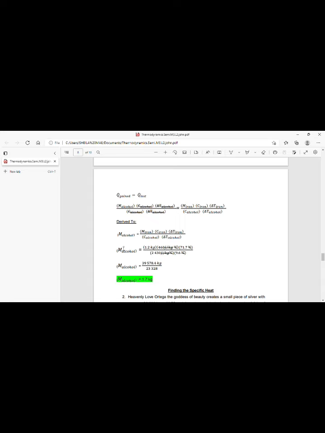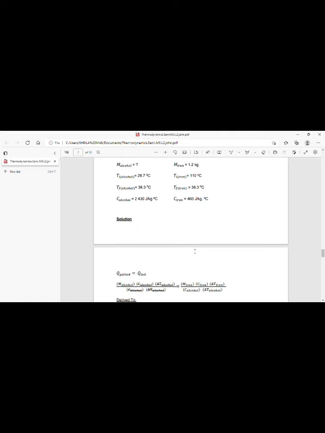So mass of alcohol is equals to 1.2 kilogram, this is the mass of iron, times 460 joules per kilogram degree Celsius, which is the specific heat of the iron. Then the 71.7 degrees Celsius, the delta T of the iron.